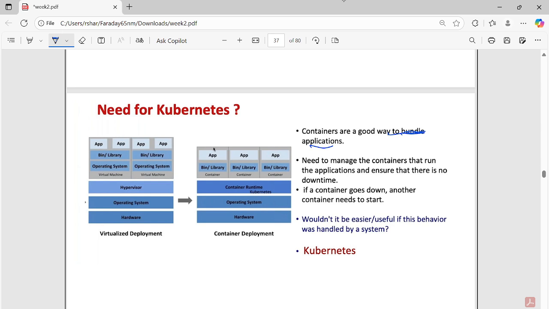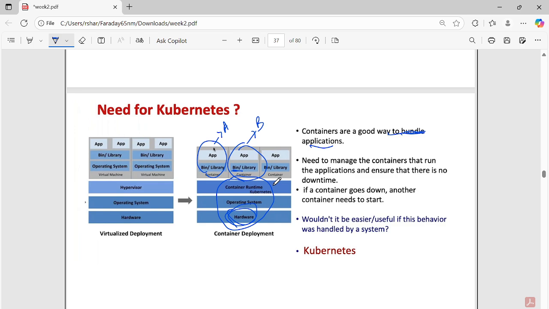One container belongs to team A, and another belongs to team B, which might be running a different application with different libraries and binaries, but it is going to run on the same hardware.